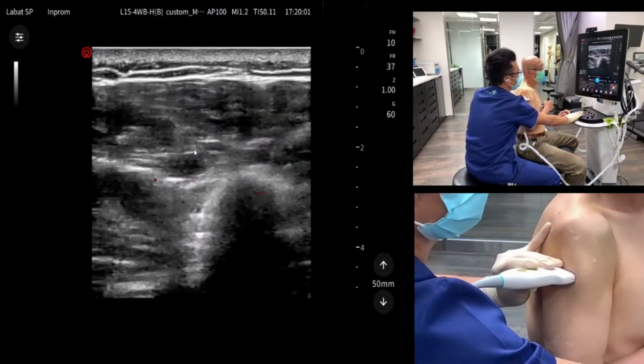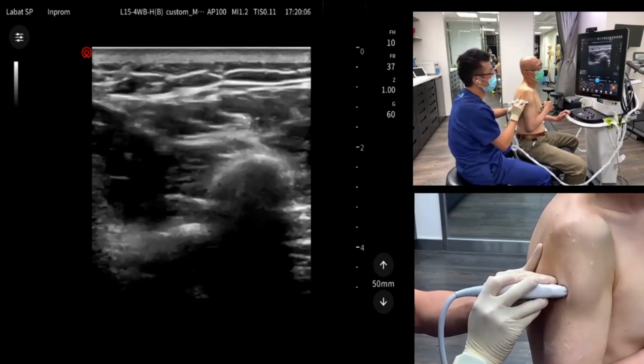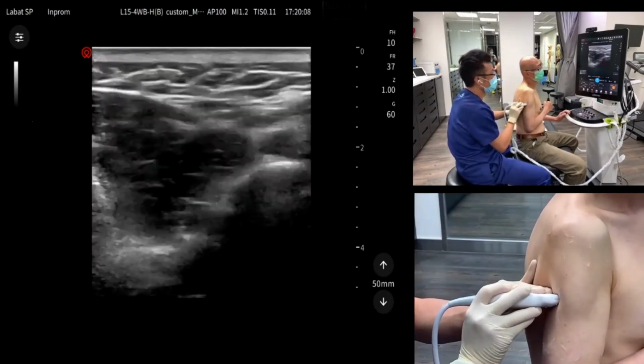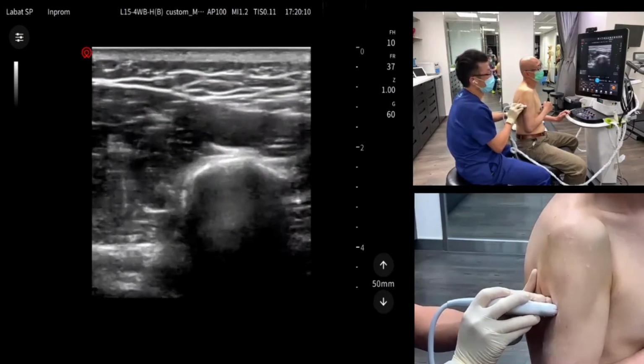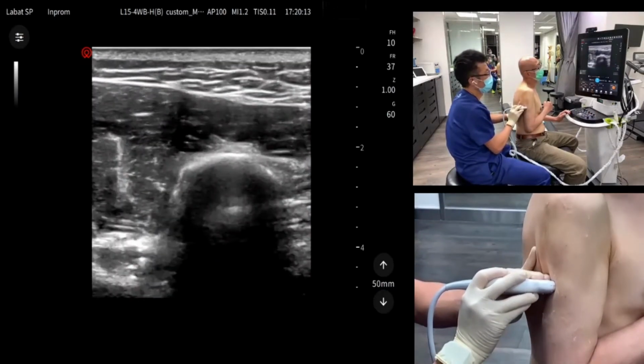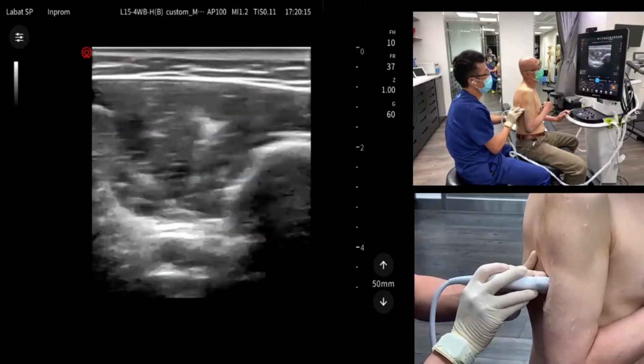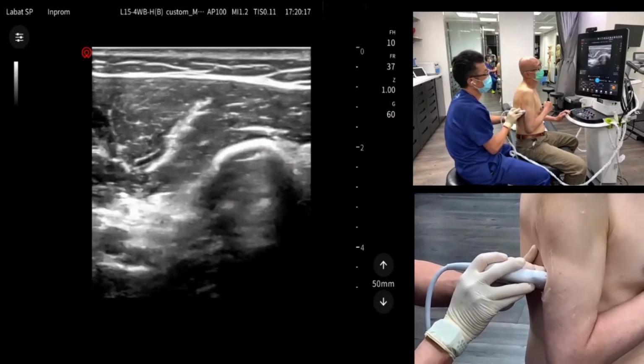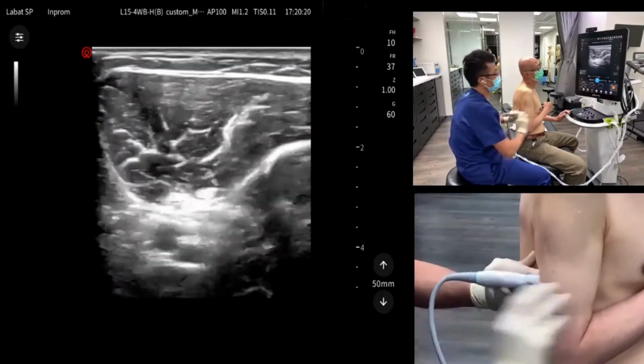That we have the radial nerve going together with the profunda brachii.